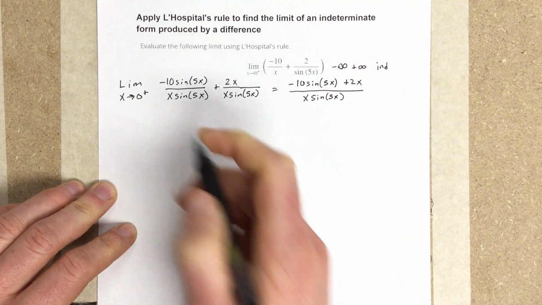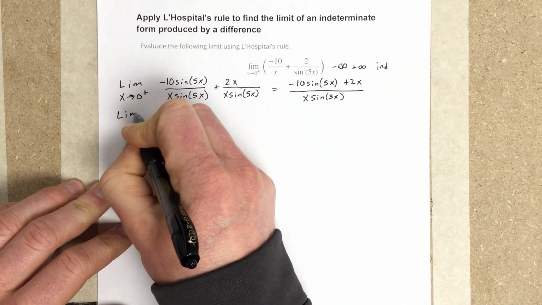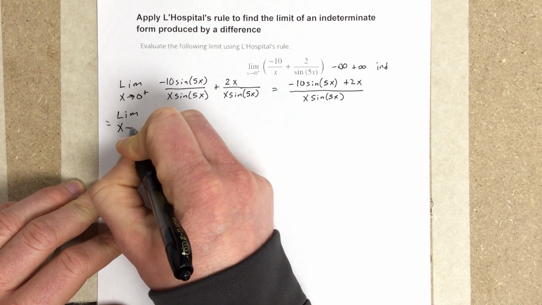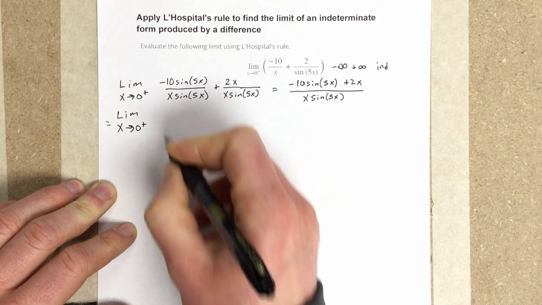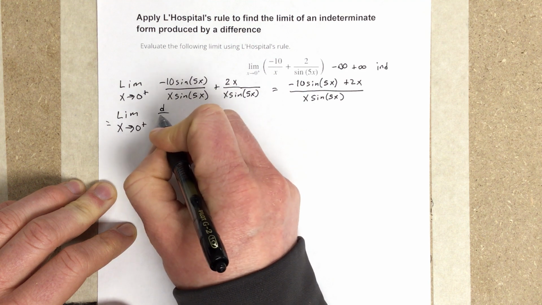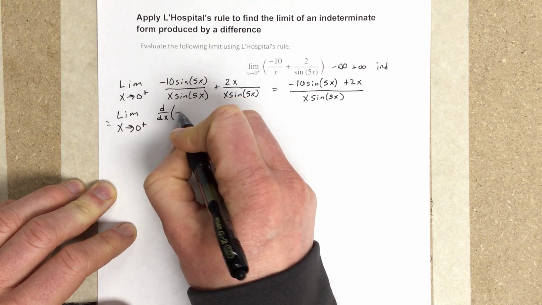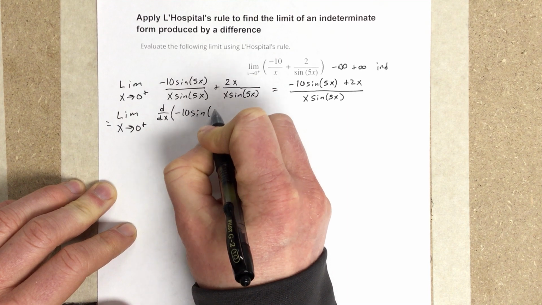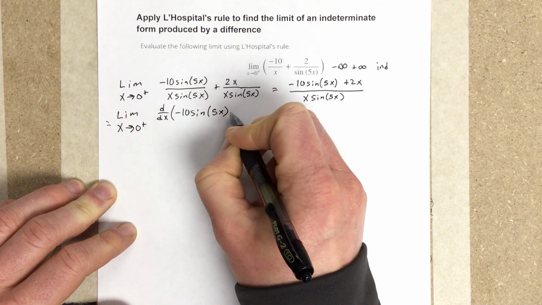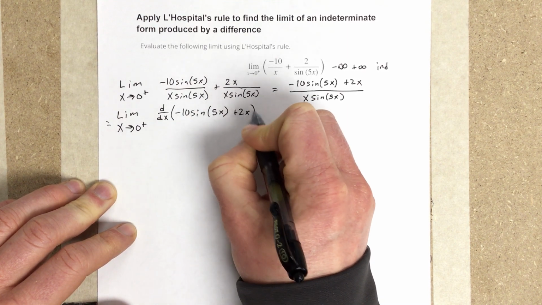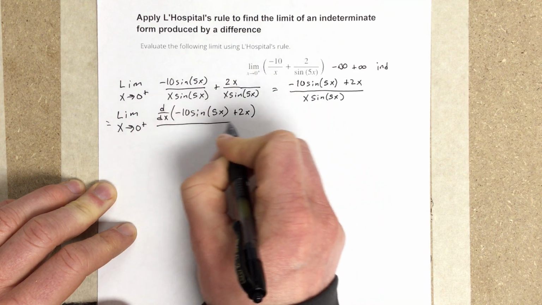Now I'm going to apply L'Hopital's rule by saying the limit as x approaches 0 from the right, and I'm going to take the derivative of the numerator, so that's negative 10 sine 5x plus 2x, and then I'm going to take the derivative of the denominator separately.